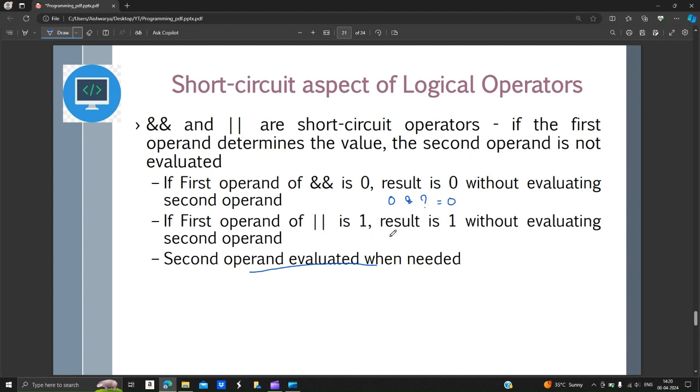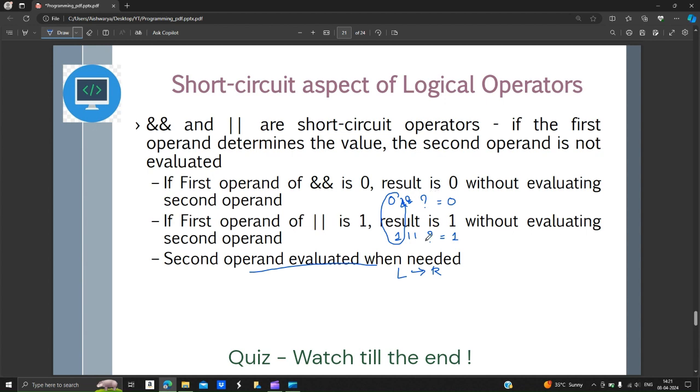Then similarly for logical or operator, 1 ORed with anything is always equal to 1. So, because the associativity is from left to right for logical or and logical and, it will evaluate the first operand or the first expression that you have as the operand, that is on the left side.